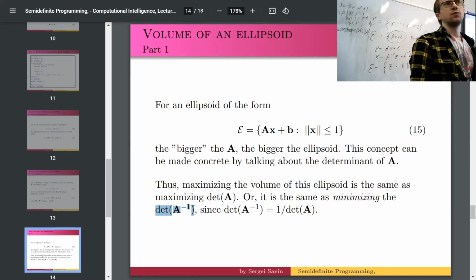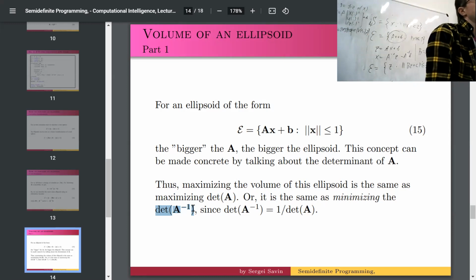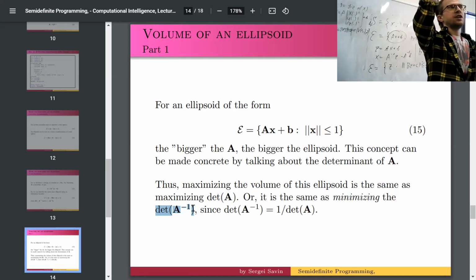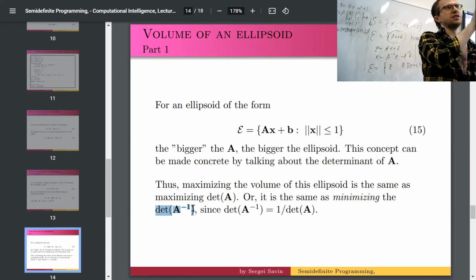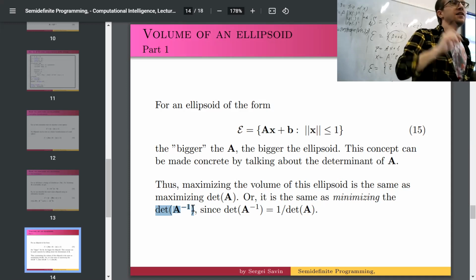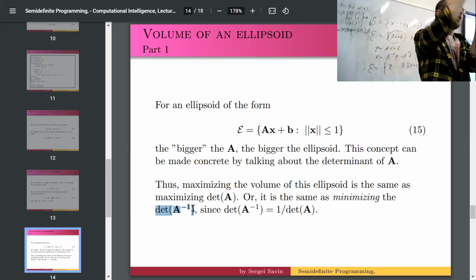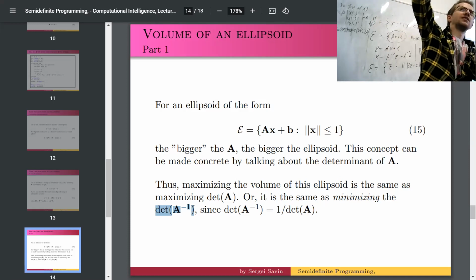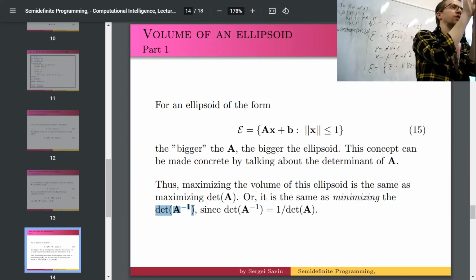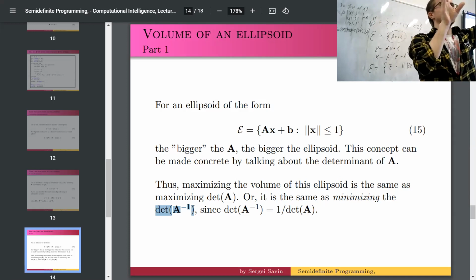Okay, so why is it a convex function? Because you can decrease in any direction, and it's going to decrease independently. But increase, that is not going to work. Imagine you have this function. You can increase in this direction, it's going to increase like this, right? You can increase in this direction, it's going to increase like this.